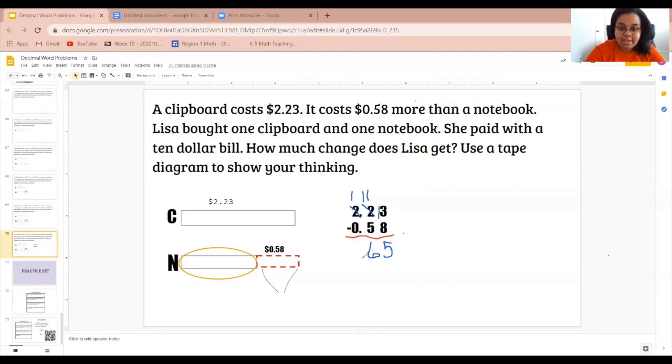From there, I can bring my decimal down, and 1 minus 0 is 1. And we're talking about money here, so I know that this is $1.65. And that is the price of the notebook.